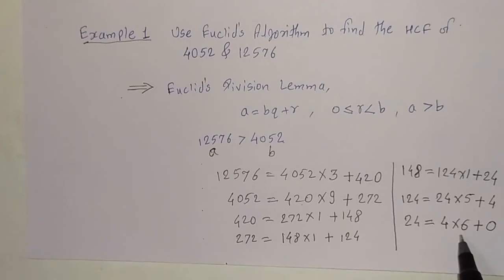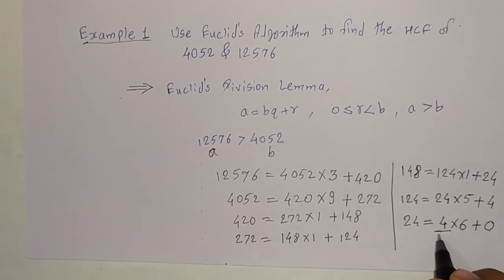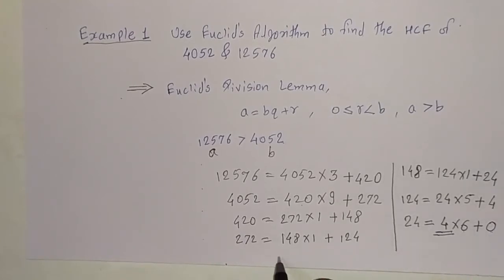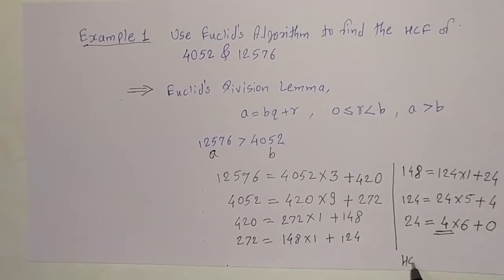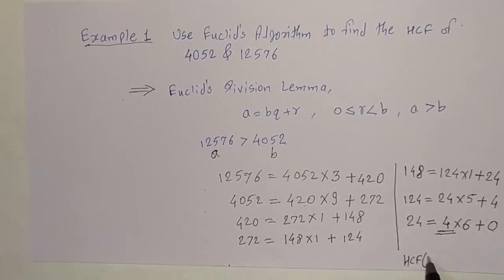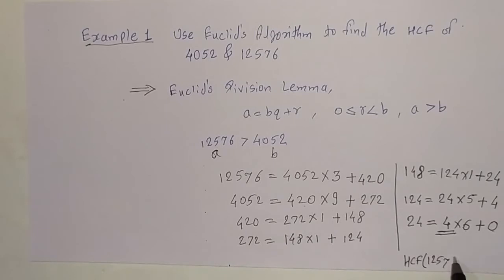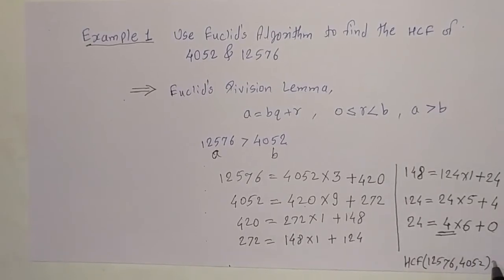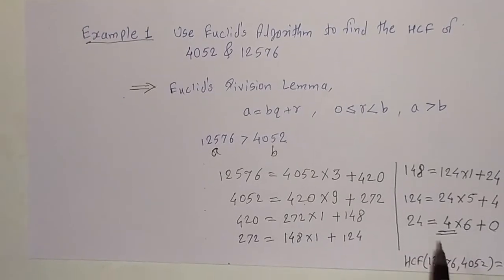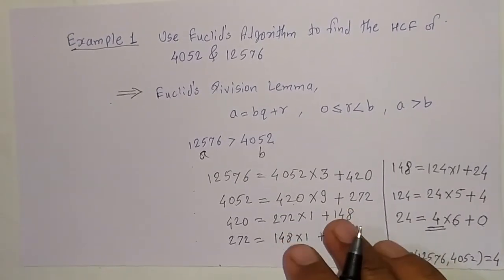So that will be a wrong answer. So you have to always follow the order. It will always be divisor into quotient. Once the remainder is 0, the divisor will be our answer. So the HCF of the given two numbers 12,576 and 4,052 will be 4. This is our answer.